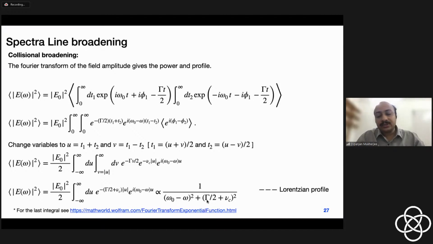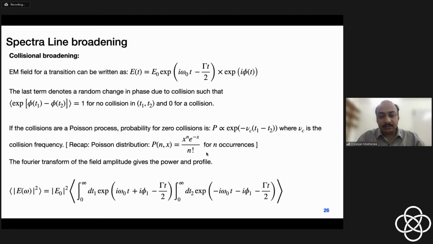But the width of this Lorentzian factor is not just gamma by 2, which is the finite lifetime due to the quantum mechanical width, but it's also related to the collision frequency. So nu c is something that I did not discuss here, but it is related to the collision frequency, which is the mean time between two collisions.